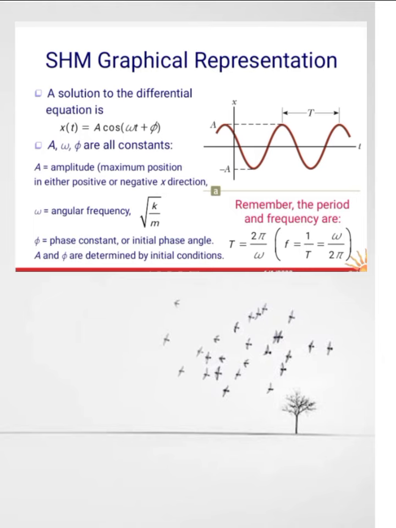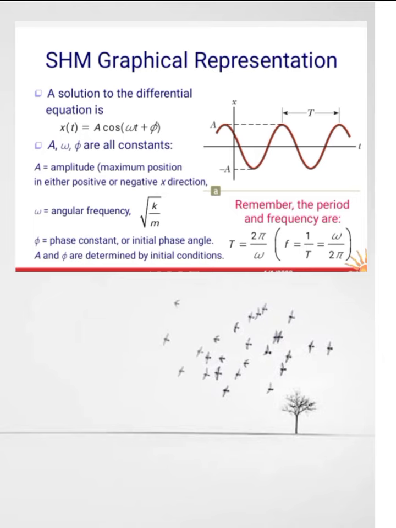A is the amplitude, or maximum position in either the positive or negative x direction. Omega equals the square root of k over m. Psi is a constant, or initial phase angle.